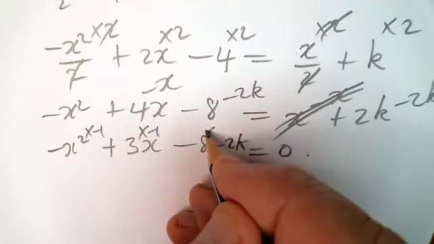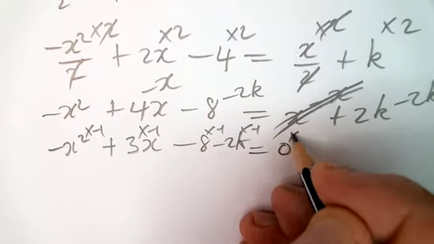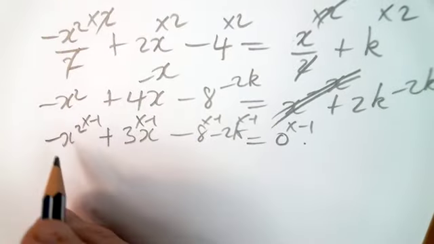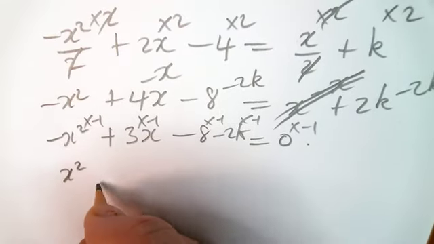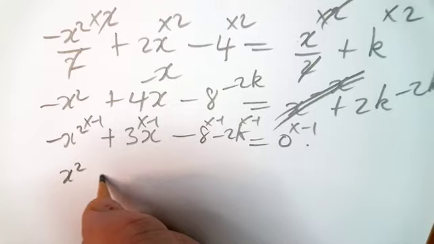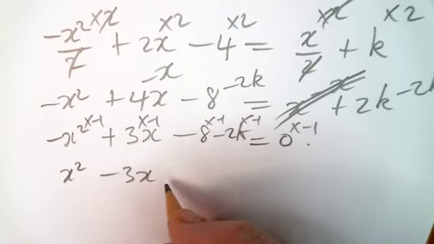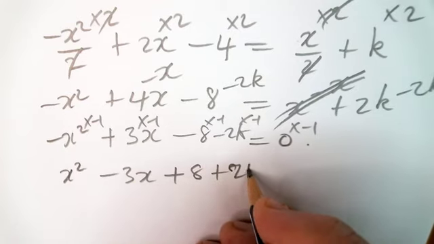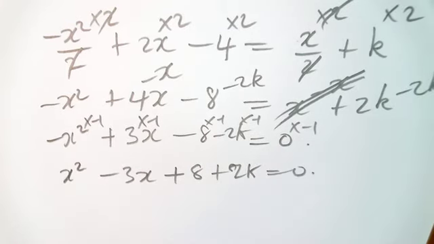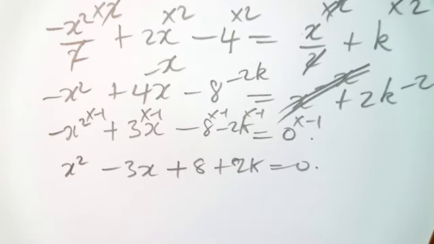This is now going to become x squared, this is going to become minus 3x, and this is now going to be plus 8 plus 2k is equal to 0.